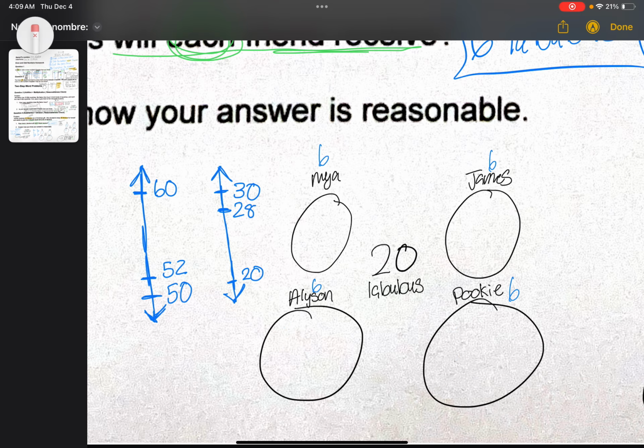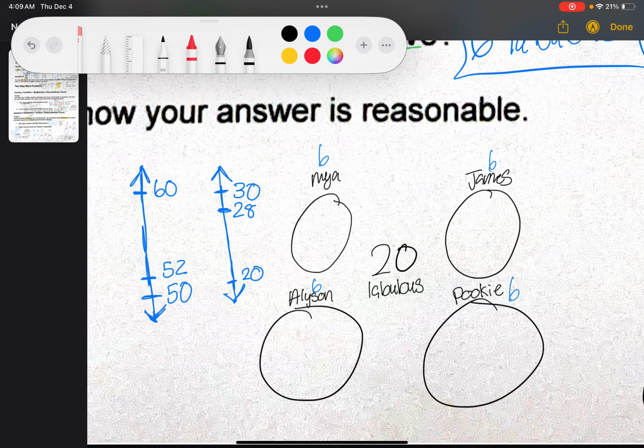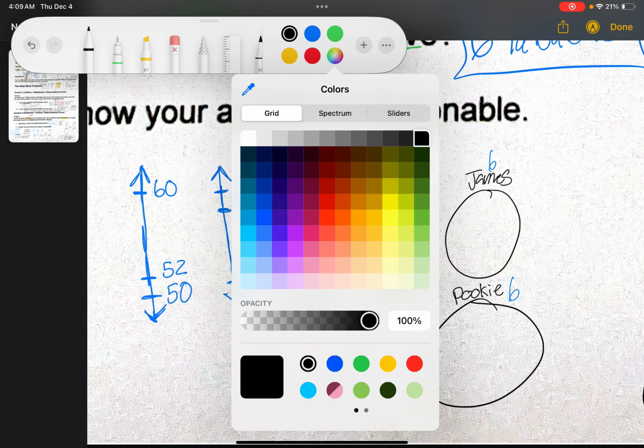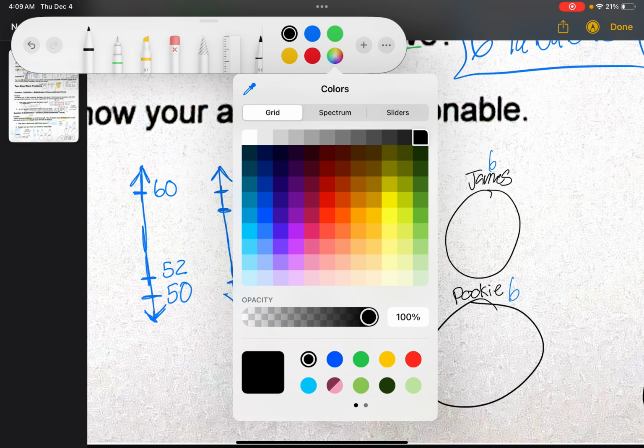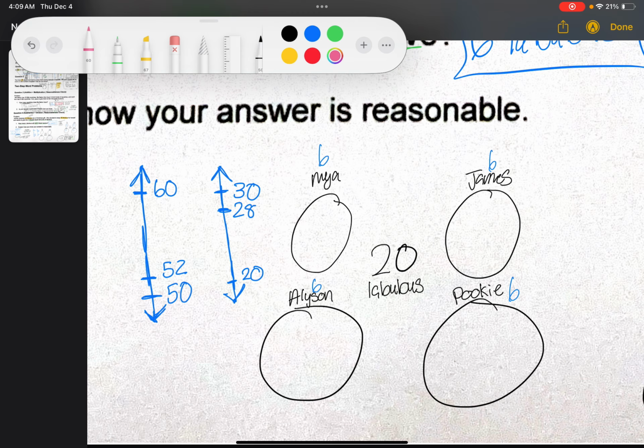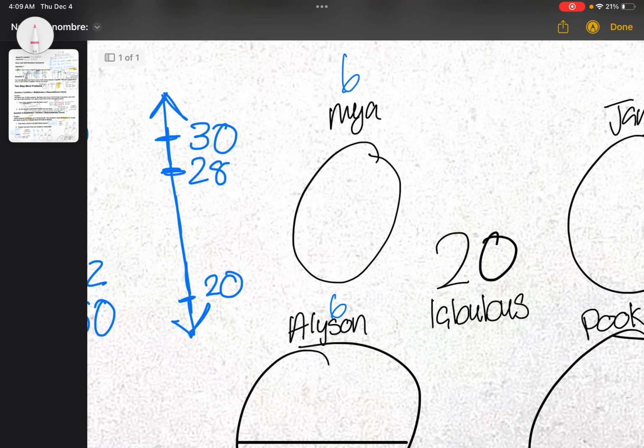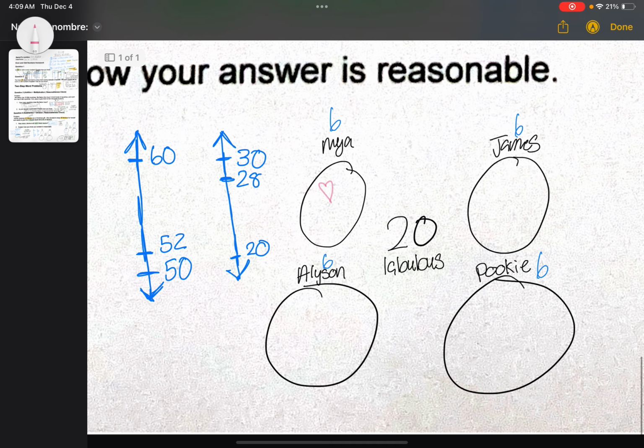And so we still have our 4 friends. And now what I'm going to do is make little hearts, one for each of our new labubus. Make a heart for each of our friends and make sure you're counting. So right now I have 2 hearts.